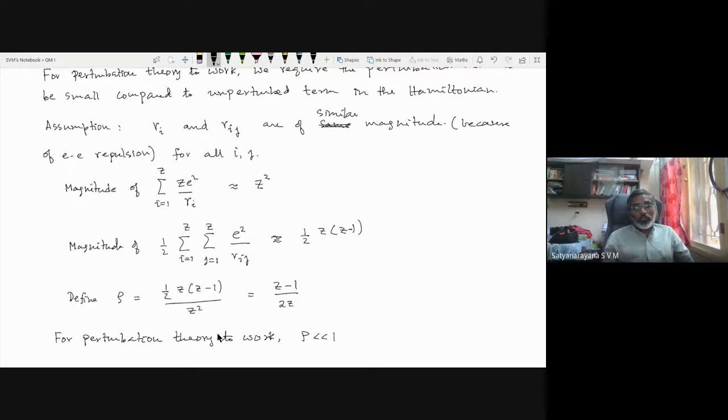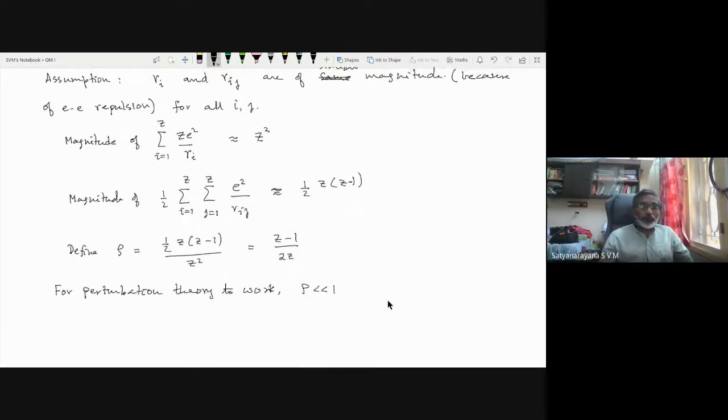That is the requirement. But let's say for the helium atom, z is equal to 2. So your rho is equal to 2 minus 1 divided by 4, so that is equal to 1 by 4, less than 1.